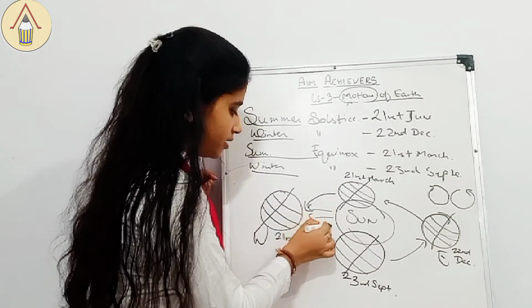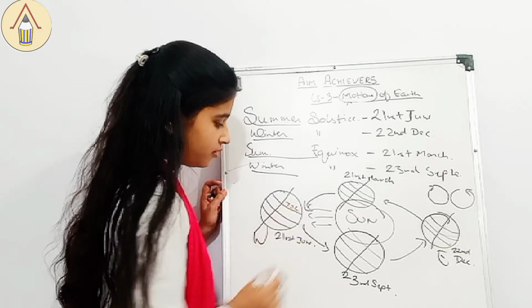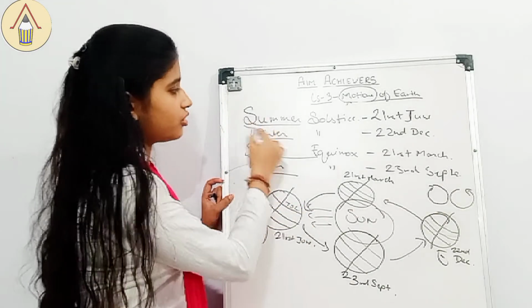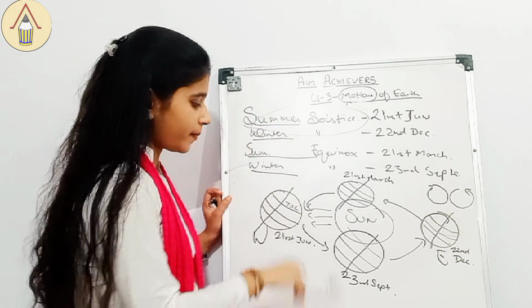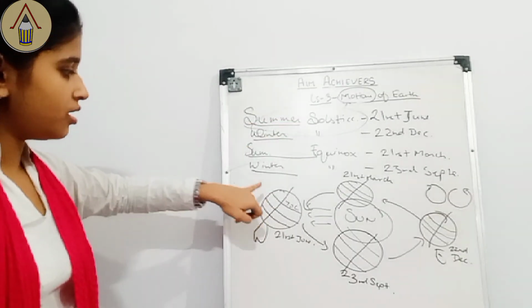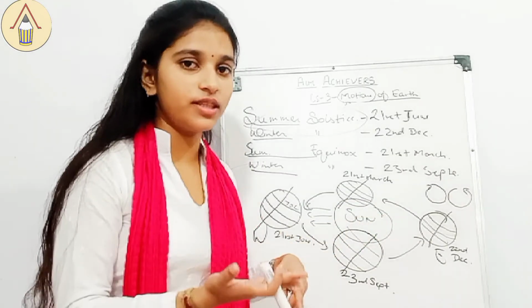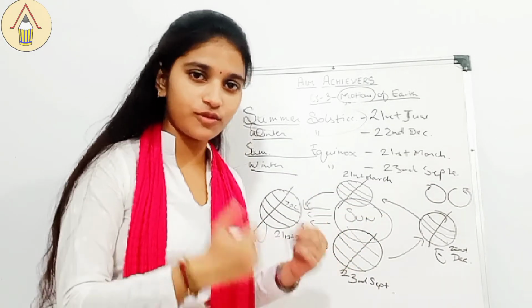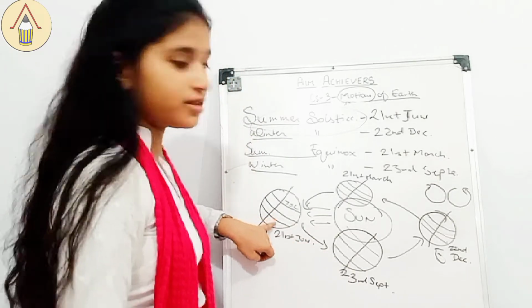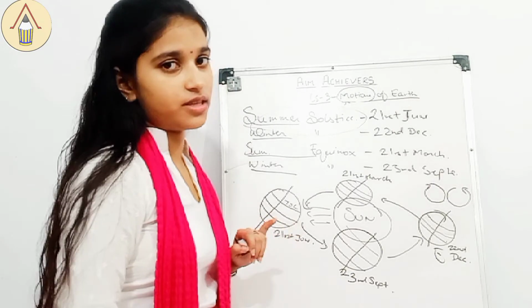When our sun's direct rays fall on the Tropic of Cancer, then summer solstice occurs. Okay. What are its characteristics? When summer solstice occurs, in the northern hemisphere there are longer days, even the longest day and the shortest night. And in the southern hemisphere, vice versa, longest night and shortest day.